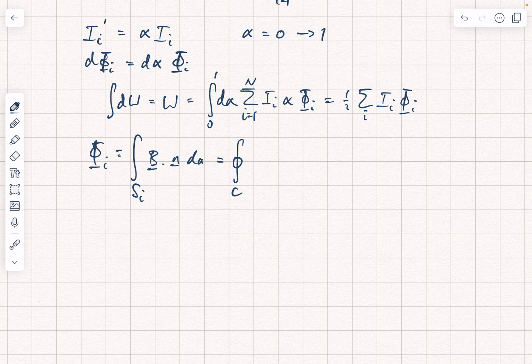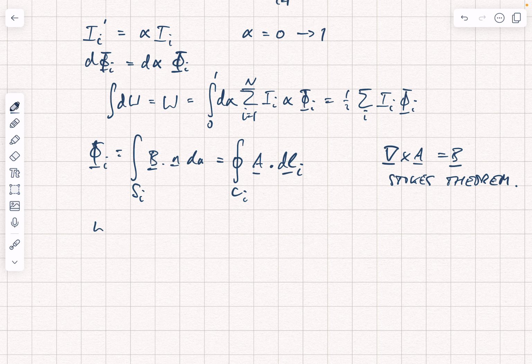and that of course can be turned to a closed loop integral, Ci of A dotted with dLi, because we're using the fact that the curl of A is equal to B, and we can use Stokes' theorem to transform the surface integral of a curl to a loop integral.